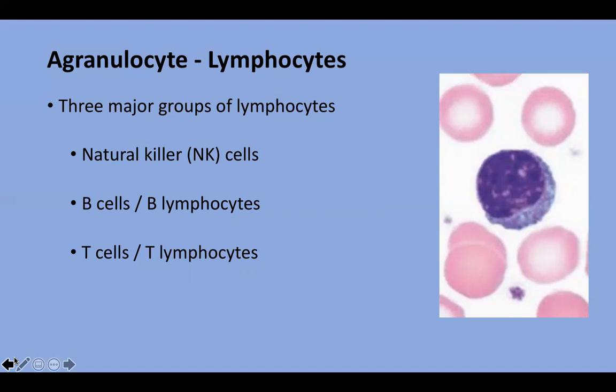The B lymphocytes undergo maturation in the bone marrow, hence the B in B lymphocytes, where the T lymphocytes are going to undergo maturation in the thymus, which is a gland that lies over our heart, and hence it has the T for thymus, so T lymphocytes.